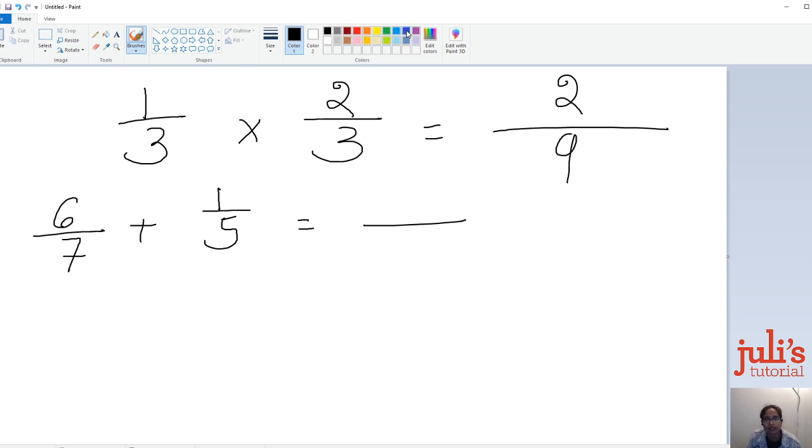Quickly, we're going to list our 7 times table and our 5 times table on the side. 7 times 1 is 7. 7 times 2, 14. 7 times 3, 21. 7 times 4, 28. 7 times 5, 35.